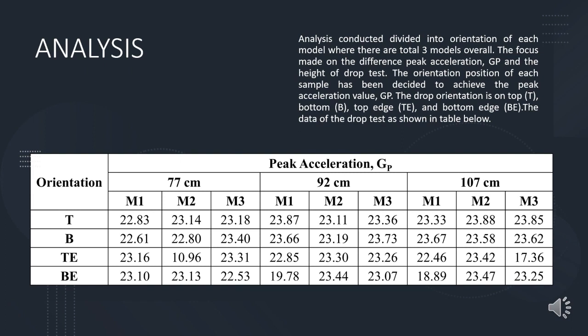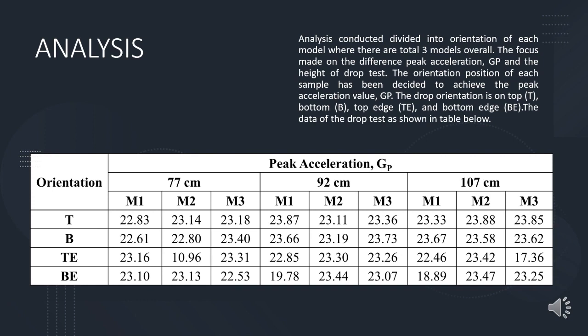T is the orientation on top, B is the orientation on bottom, TE is top edge, and DE is bottom edge. Here you can see three different heights at 77, 92 and 107 centimeter, and in the table is the value for the peak acceleration.